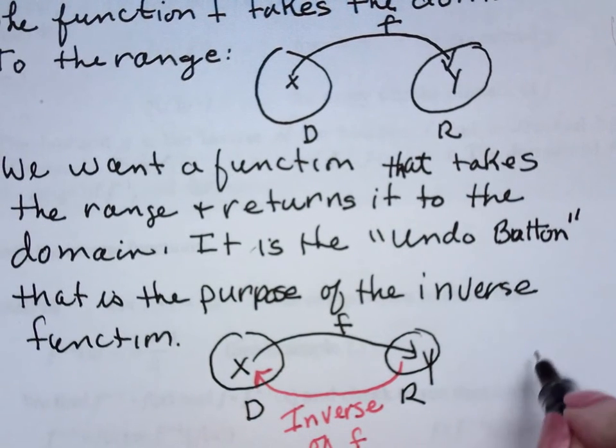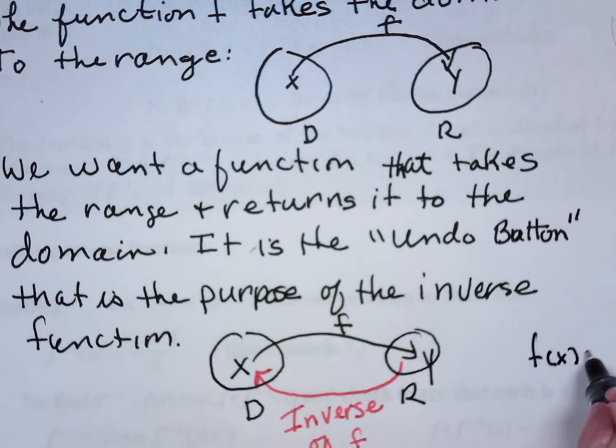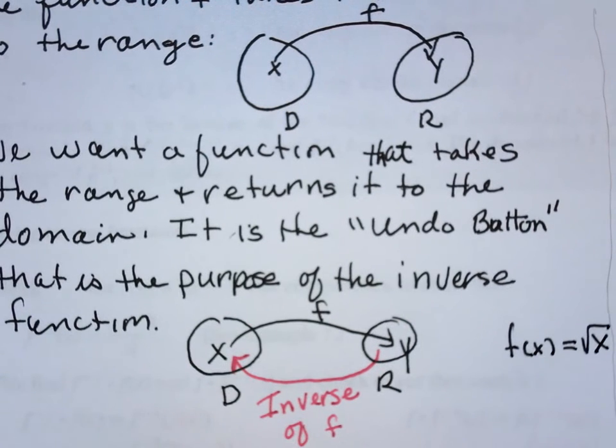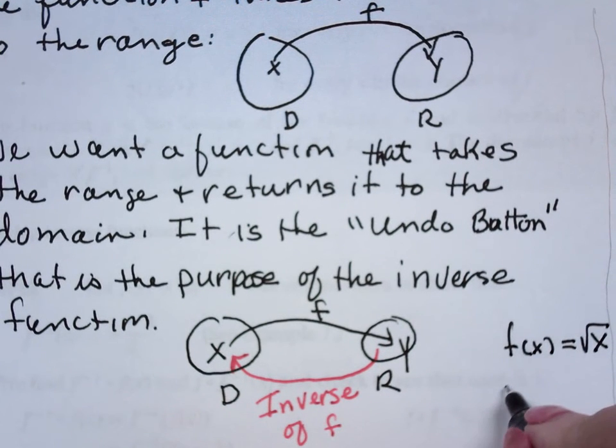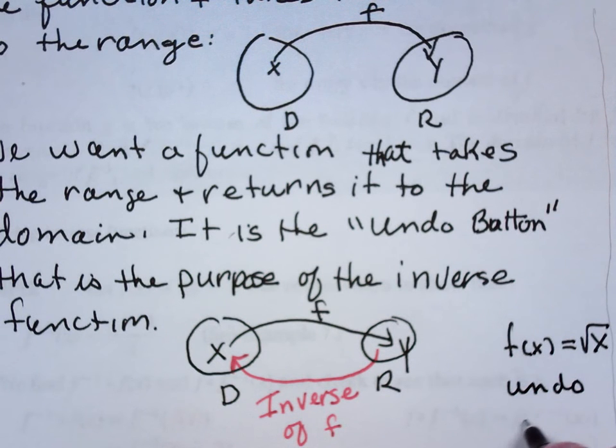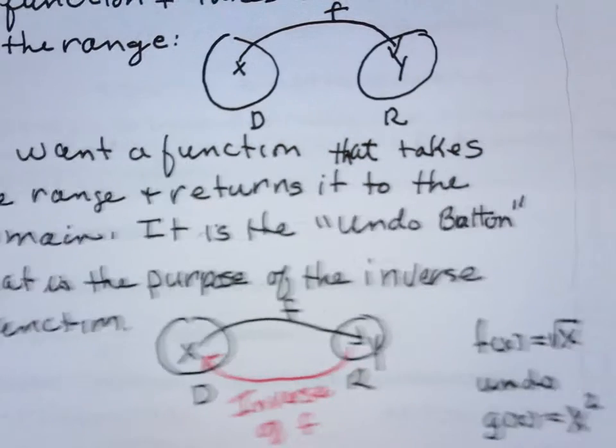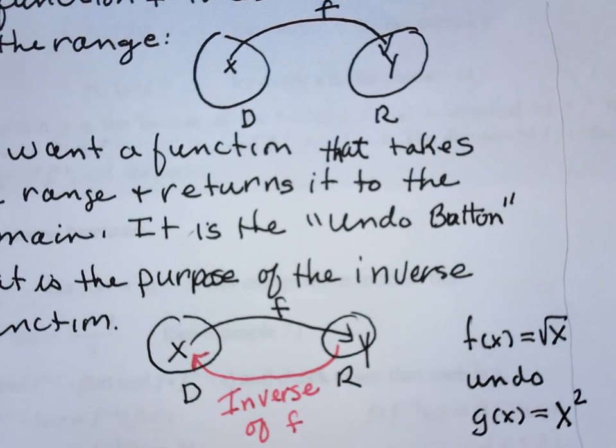If we have the function f of x equaling the square root of x, what's the undo button? G of x is who? What undoes a square root? X squared. These two guys are inverses of each other.